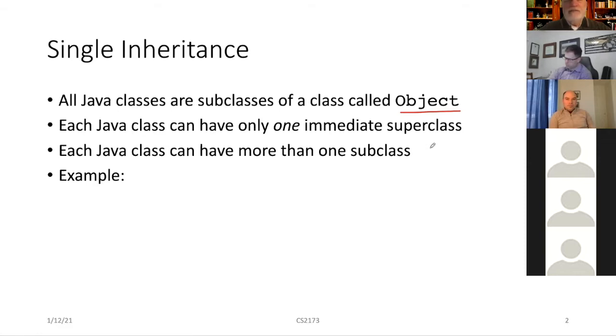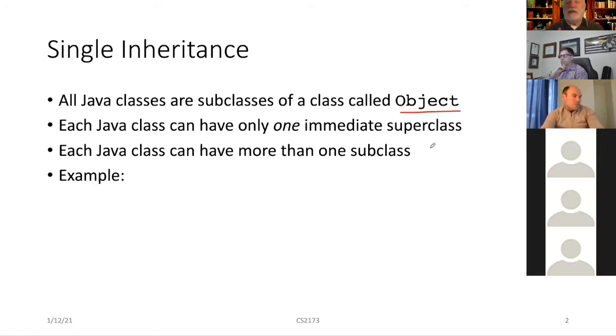And it's a class that every Java class subclasses. Your single card, even though you didn't say anything, was a subclass of Object. The light class that I wrote was a subclass of Object. Those shape classes were all subclasses of class Object.